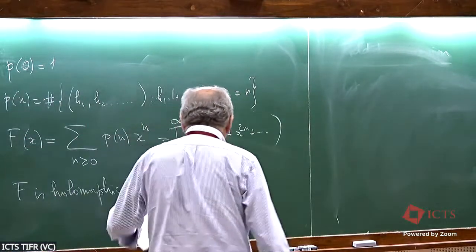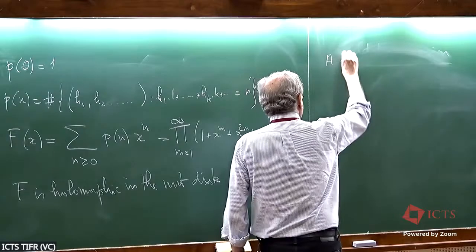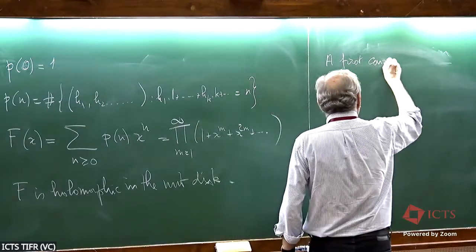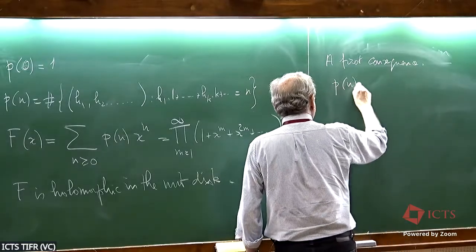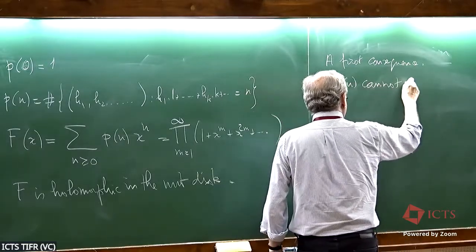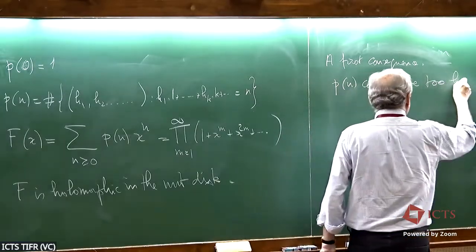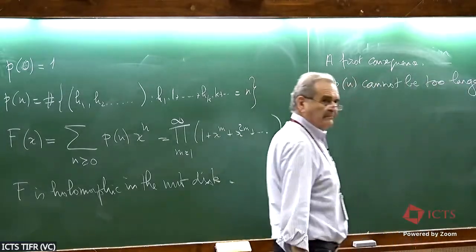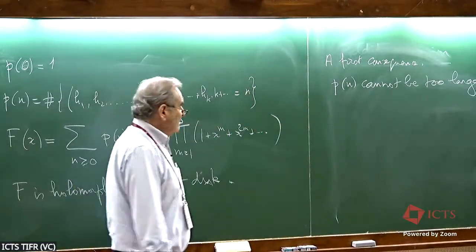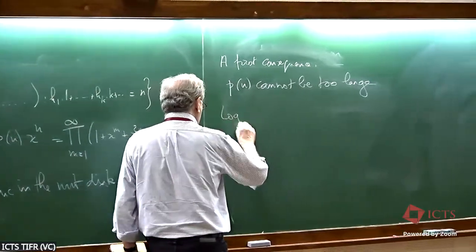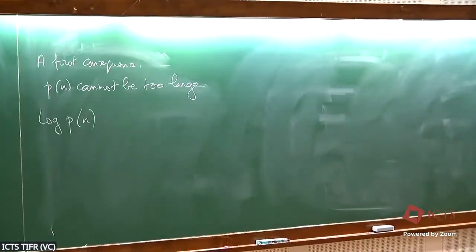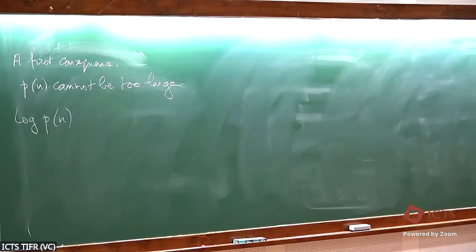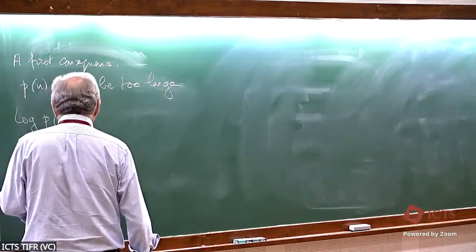So first consequence is that P of n cannot be too large. By the way, today I'm essentially going to work on log of Pn, and Surya will tell you more than that.